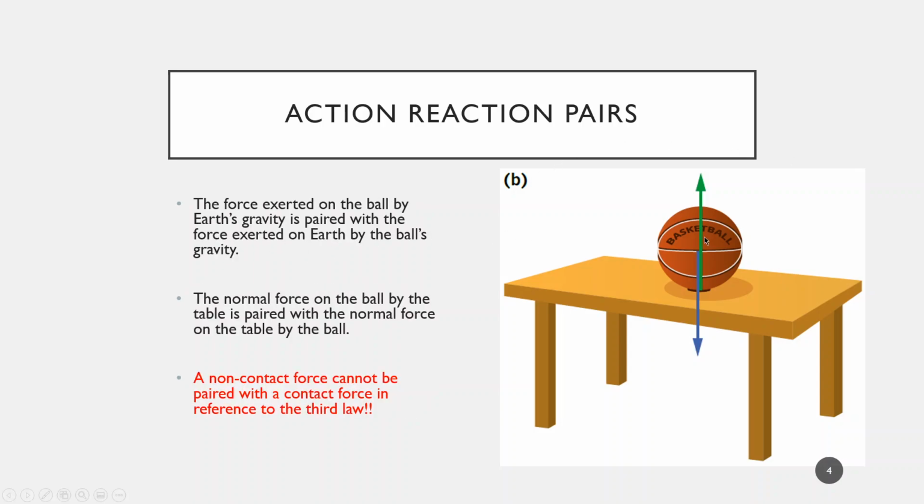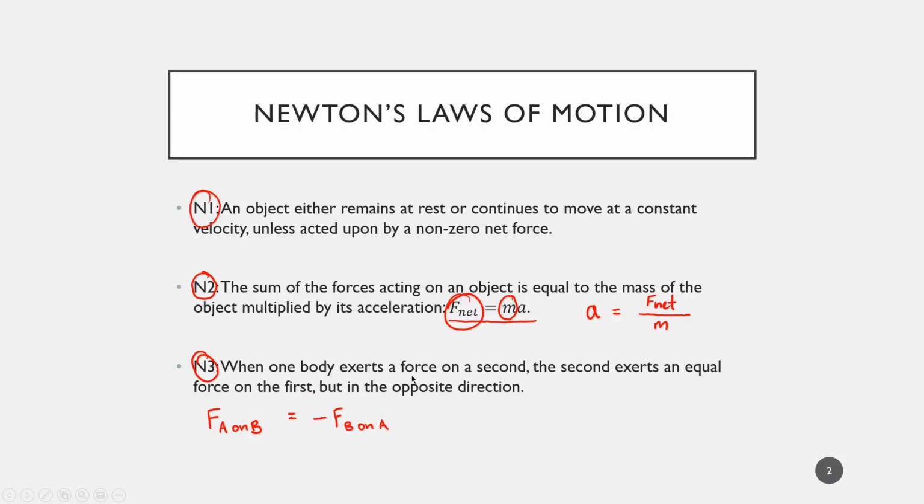So, what's going on? How do we look at this in terms of Newton's third law? Well, the force exerted on the ball by Earth's gravity should be paired with the force exerted on the Earth by the ball's gravity. So that is Newton's third law. When one body exerts a force on a second, so when the Earth exerts its gravitational force on the ball, the second exerts an equal force on the first.